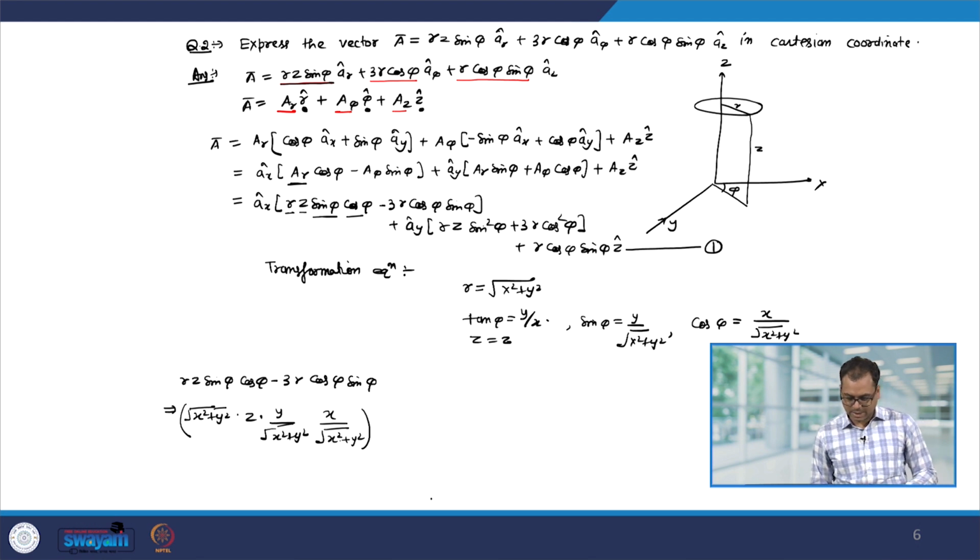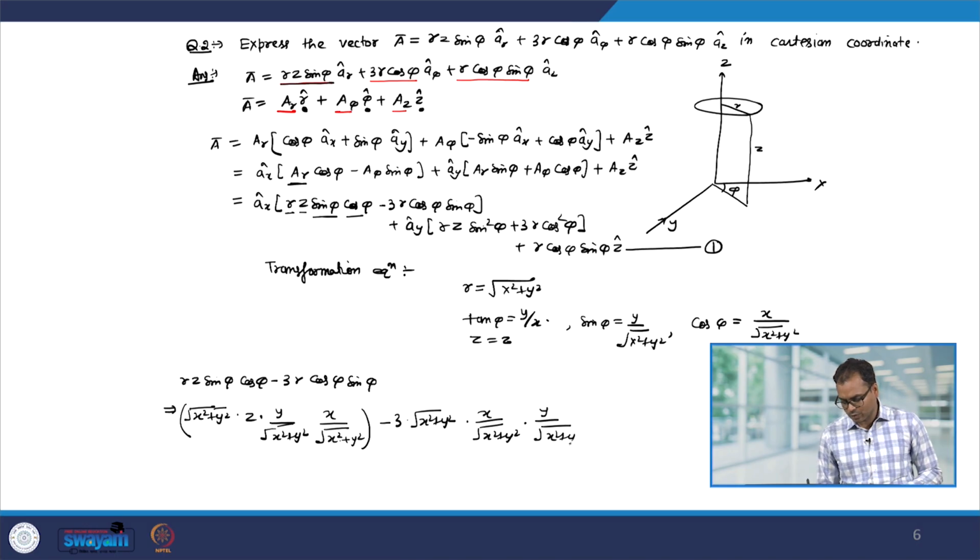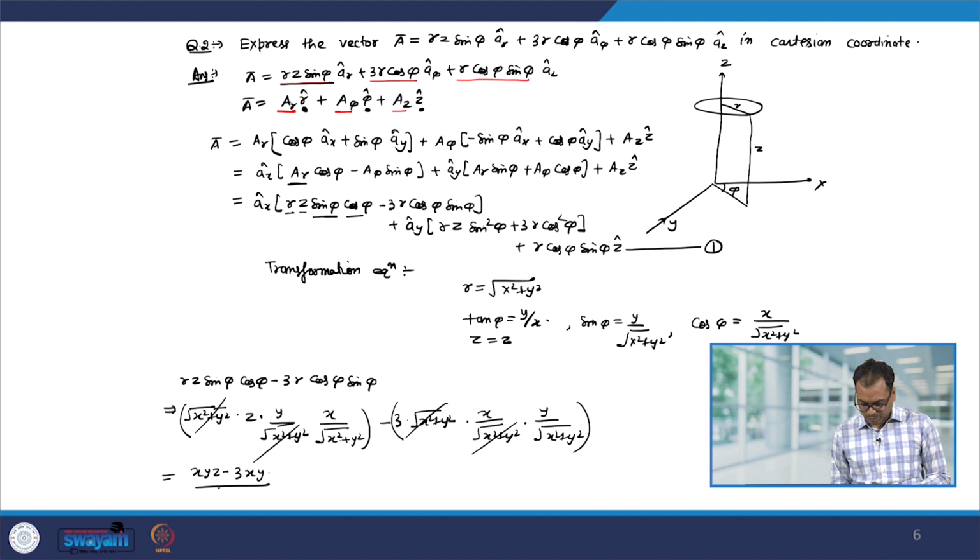This is rz sin phi cos phi minus 3, r is square root x square plus y square into cos phi, which is x over square root x square plus y square, and sin phi is y over square root x square plus y square. So this square root will get cancelled with this and this will get cancelled with that. So I can write this as xyz minus 3xy over square root x square plus y square. This is the first term, the coefficient of ax cap.